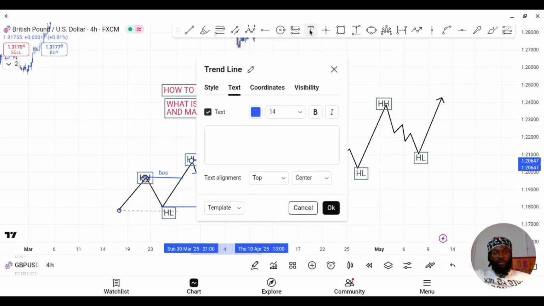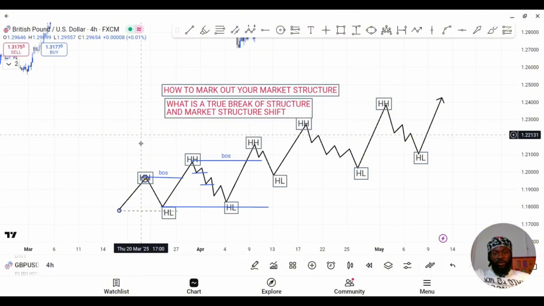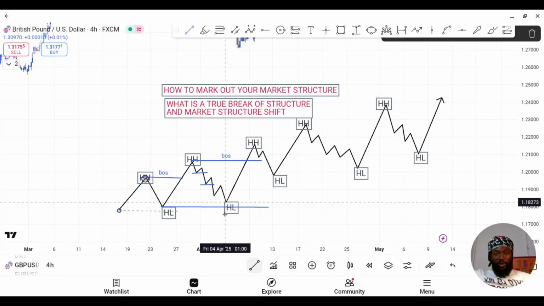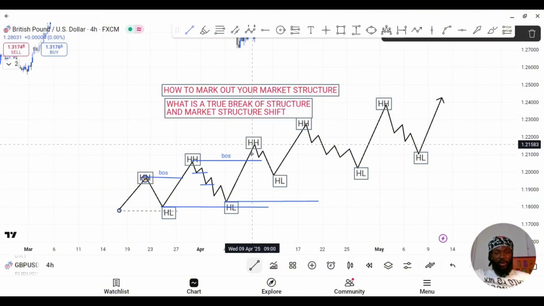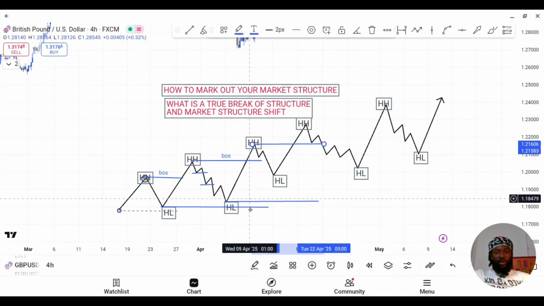Now we have our protected higher low and our higher high. I hope you understand what I'm doing.